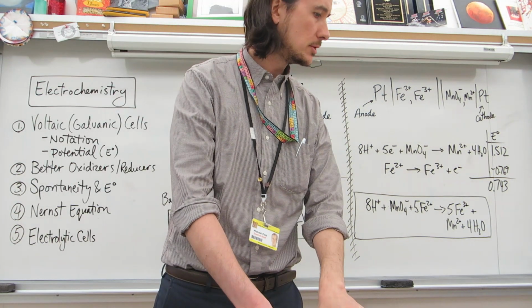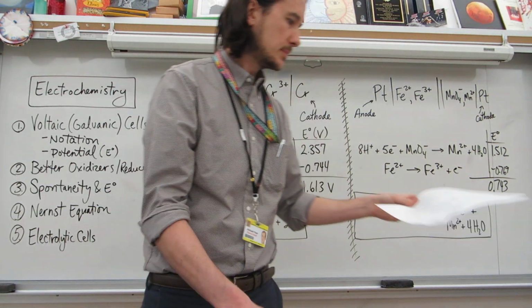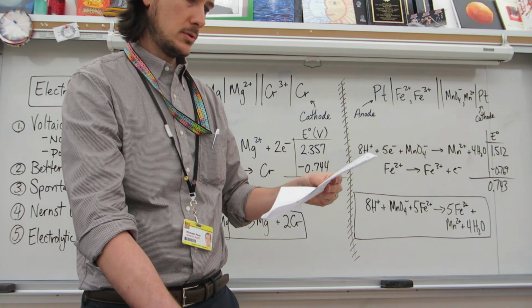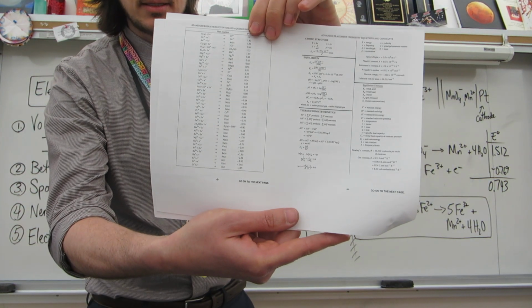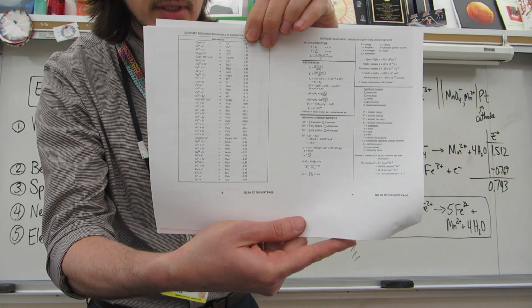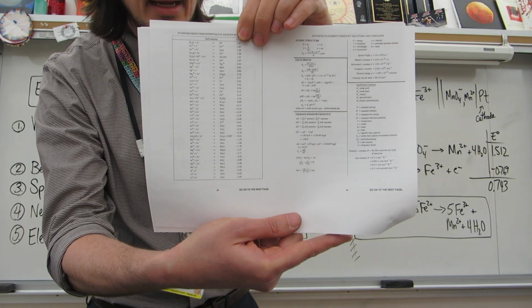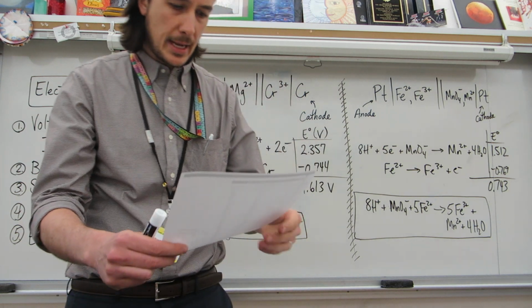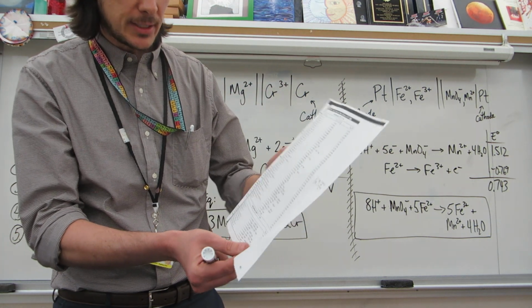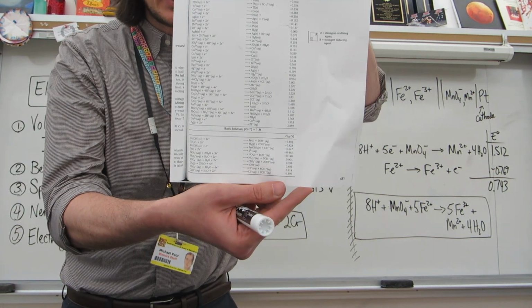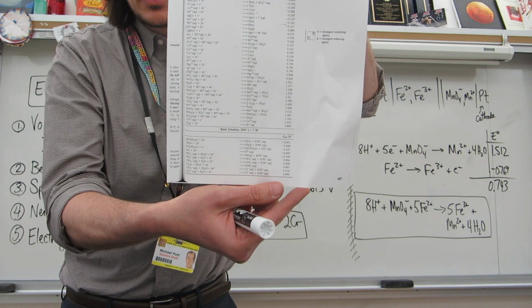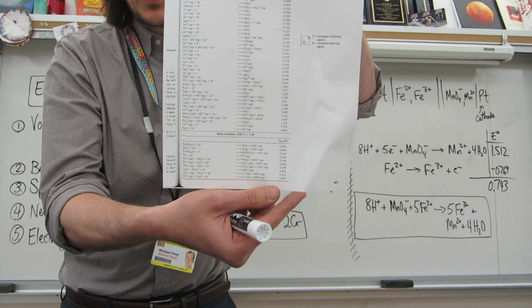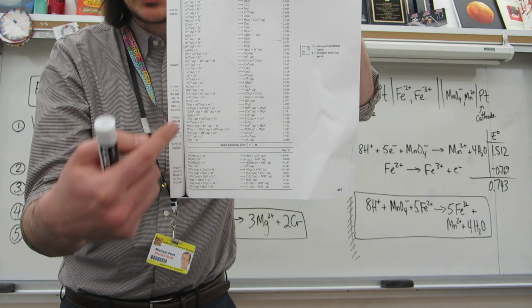Some tables that you look at look like this. I don't know if it's focusing, but they look like that. And you don't see a lot of reactions or half reactions. Let me show you this one. Maybe you can see all of these reactions at the bottom.